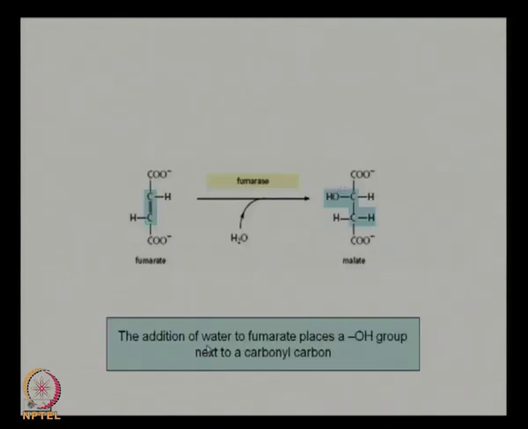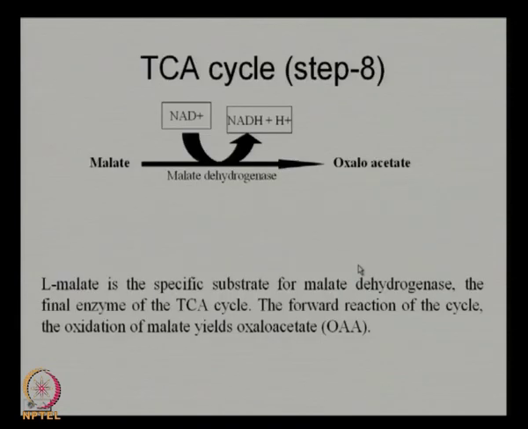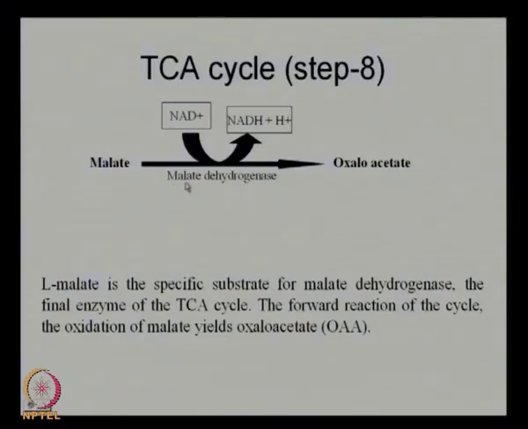You see, the addition of water to the fumarate places the hydroxyl group next to the carbonyl carbon, and it forms the malate. And this malate is converted to oxaloacetate, the first product of the TCA cycle, in the presence of the enzyme malate dehydrogenase.